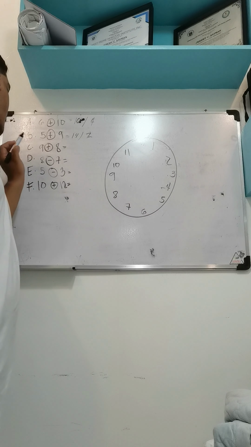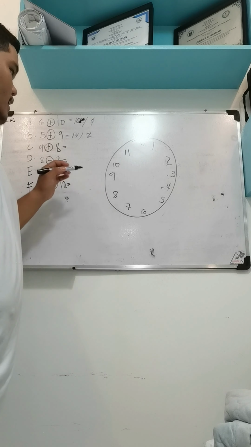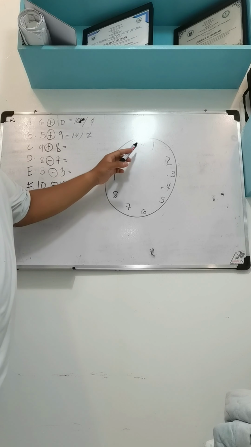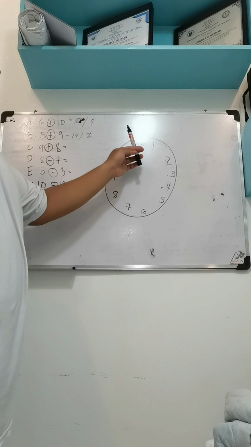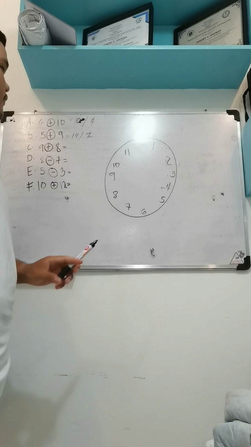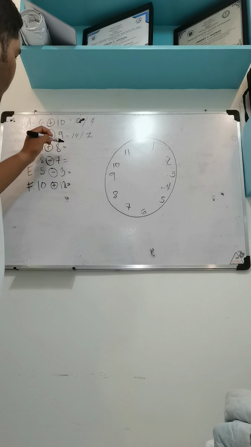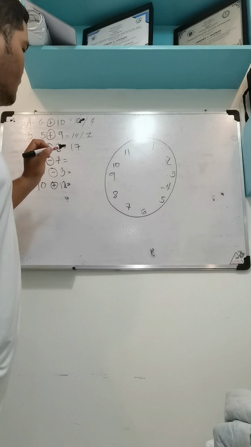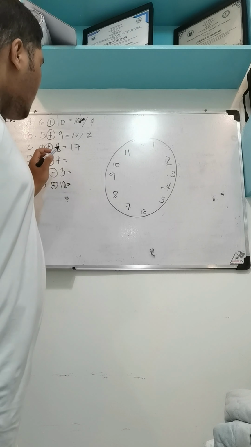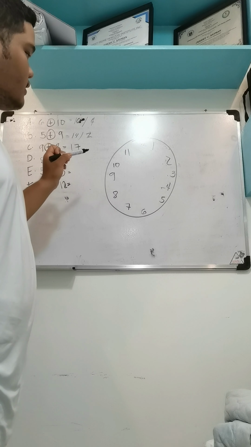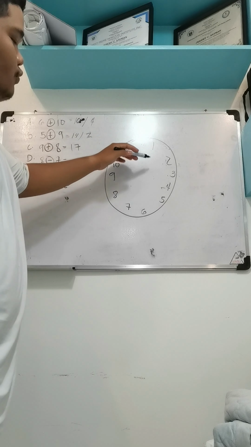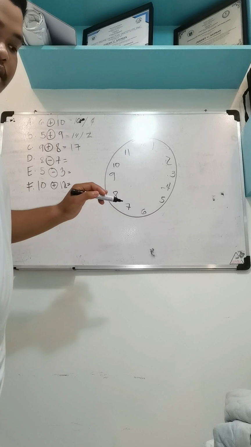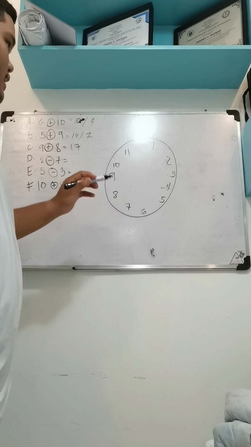So another example is 9 plus 8. So 9 plus 8 is 17, but our clock only has the 12-hour format. So this is 17. What we are going to do is count again from 12 until we reach 17.